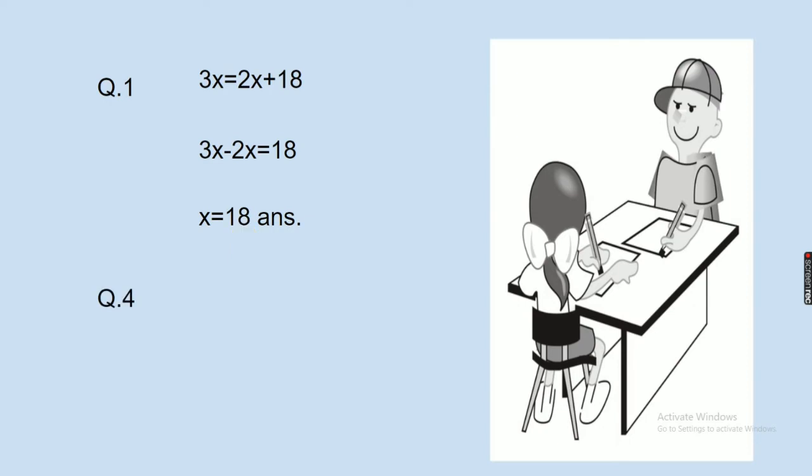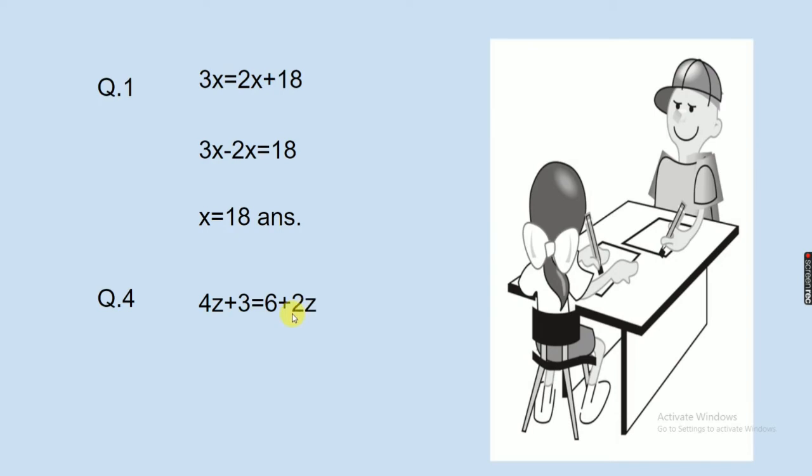This is question number 4 of your textbook, exercise number 2.3. Here is the problem: 4z plus 3 is equal to 6 plus 2z. You can see here again the variable z is on both sides of the linear equation.